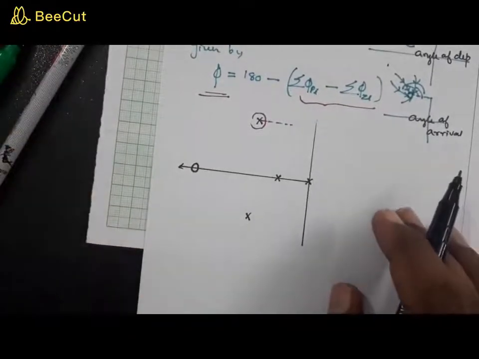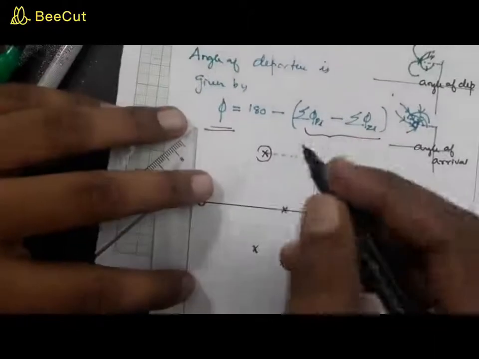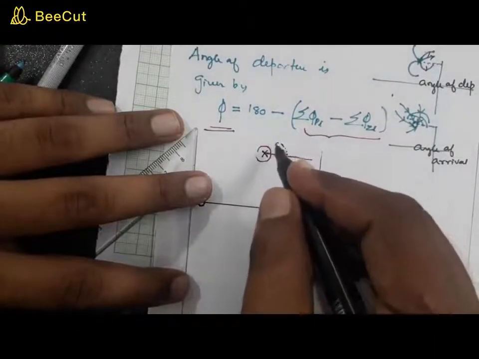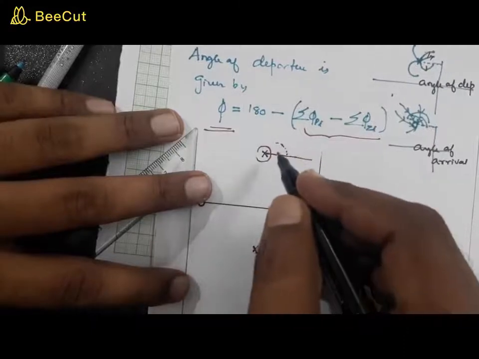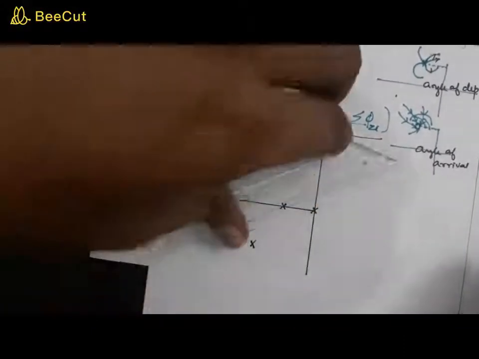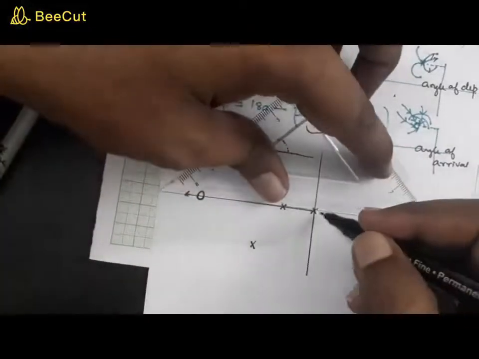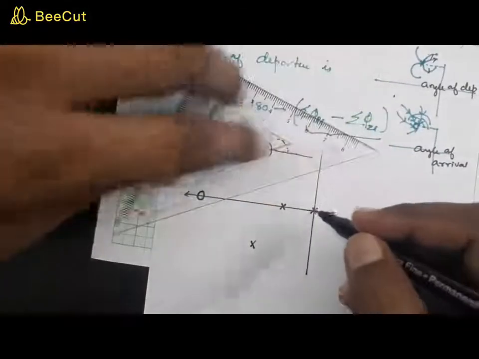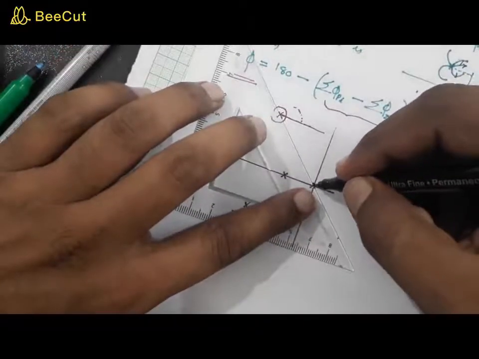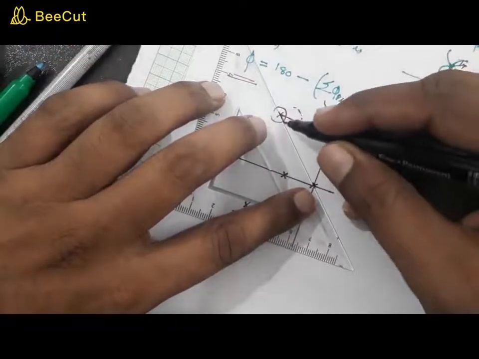The angle is always measured in the anti-clockwise direction, so the angle will be taken in the positive direction. Now what is the angle subtended by this particular pole? For that, you need to draw a line joining these 2 points.